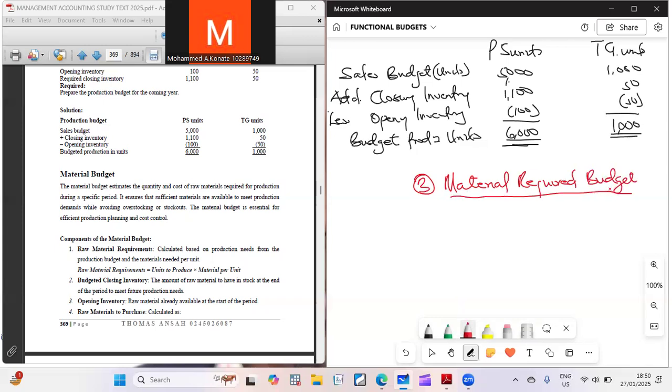It's just like the production one, the same procedure that you go through. You need from the production how much you need to produce. Once you get that from the production budget, you have to find out the quantity of materials that you have to be multiplying it by. So first of all, what you will need in the material requirement budget is your production units.